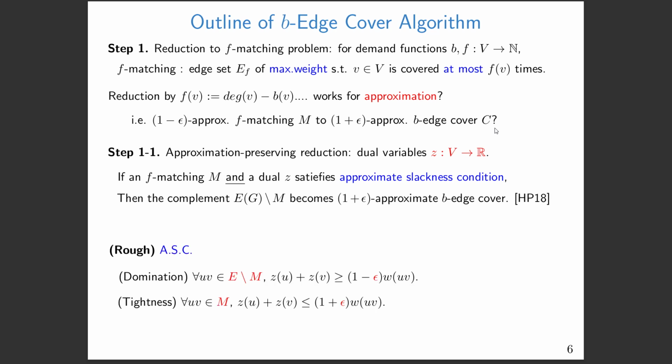Very roughly, this condition is the approximate slackness condition, where for each edge uv, the summation of z_u plus z_v of dual variables should ideally be w_uv, but since we are working in an approximation setting, we allow some affordable error, namely epsilon times w_uv here.